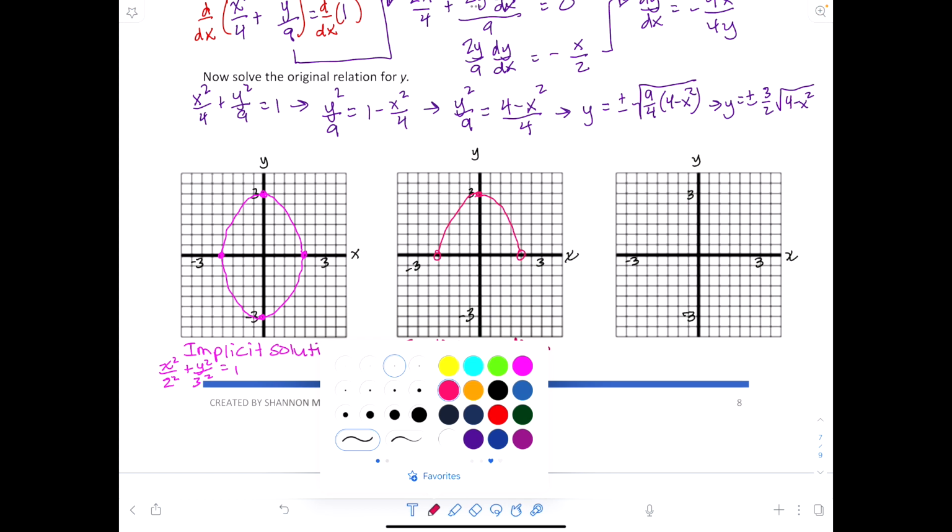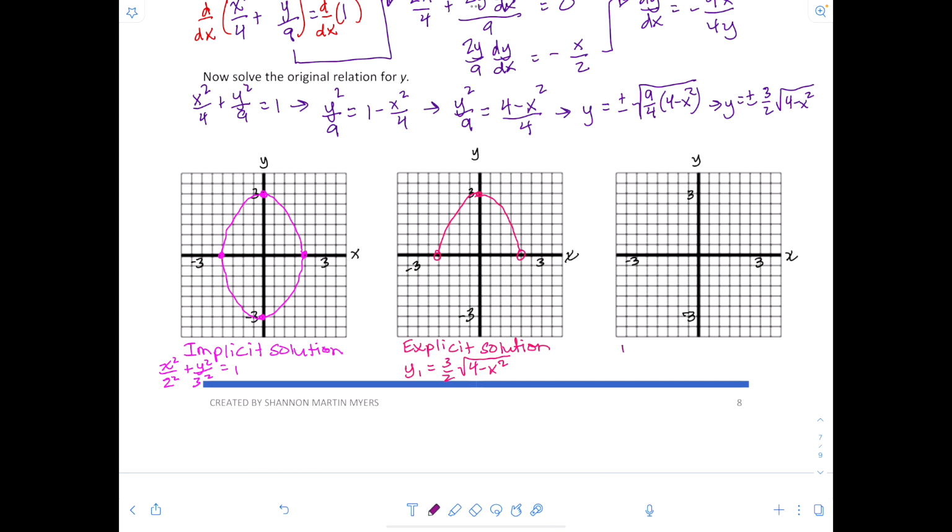And we could also represent that explicit solution using the negative, right? So we're basically picking constant factors. One was positive 1 for the y1. y2, if we picked negative 1 for our constant, we would get negative 3/2 times the square root of 4 minus x squared.